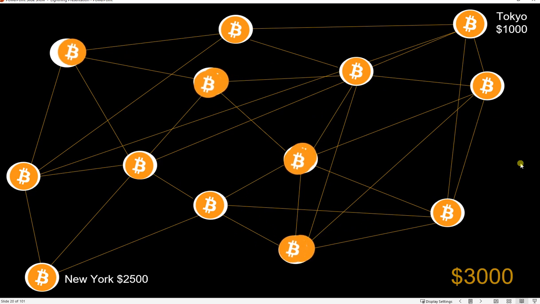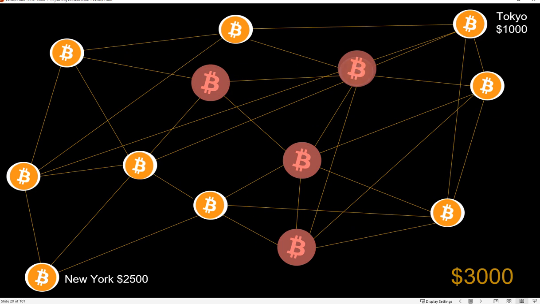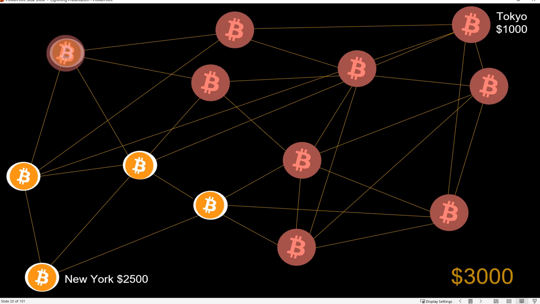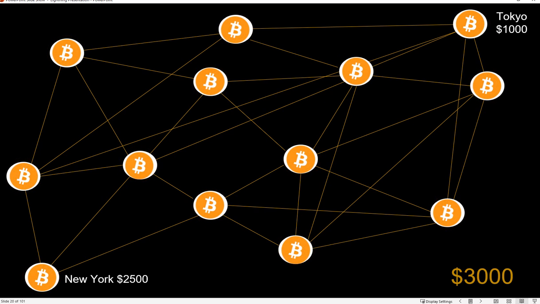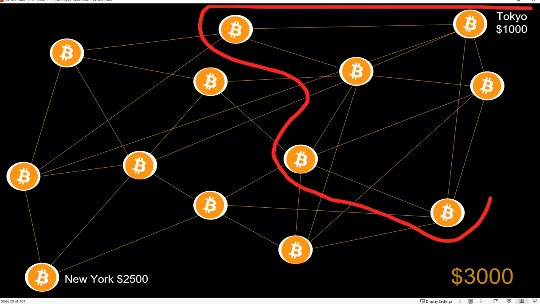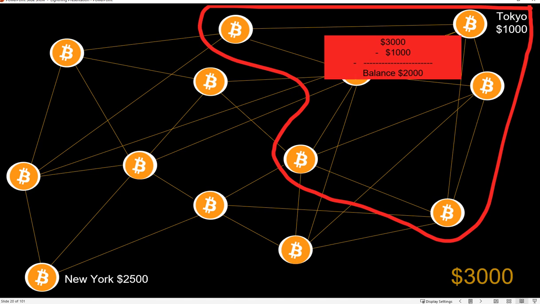Eventually, as it spreads throughout the network, everyone's like, whoa, wait, red alert, what's going on here? You're trying to spend it twice. What's really happening is that half the network saw the Tokyo transaction go through first. So half the network is like, all right, you spent $1,000, your balance is $2,000. And then a second later, they get a transaction saying you're trying to spend $2,500, but you can't.